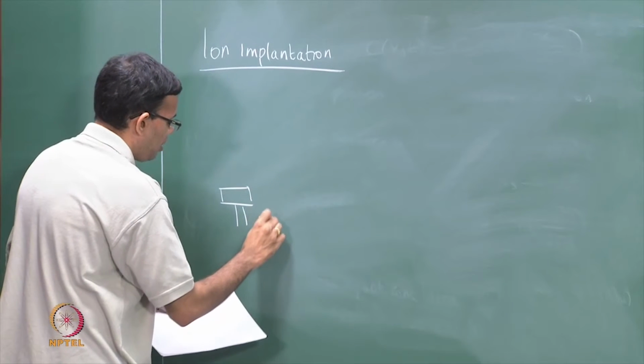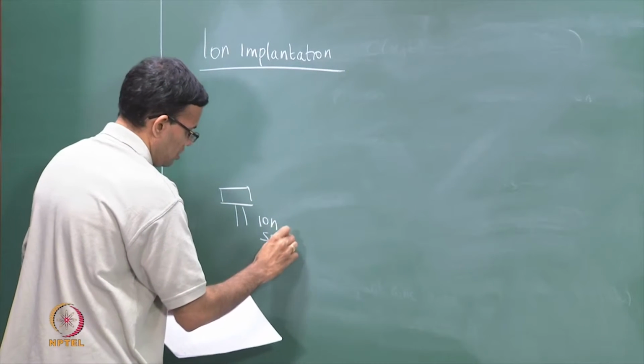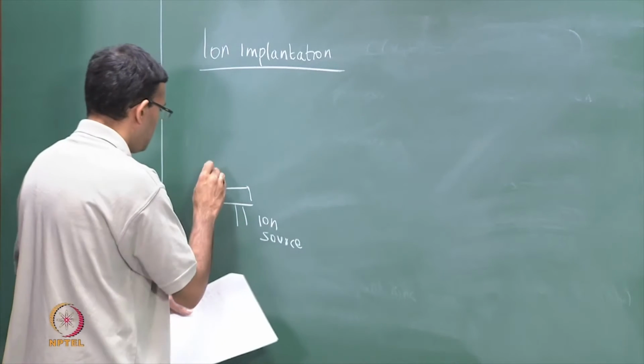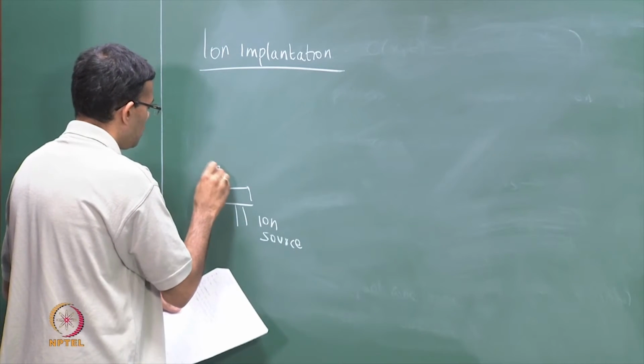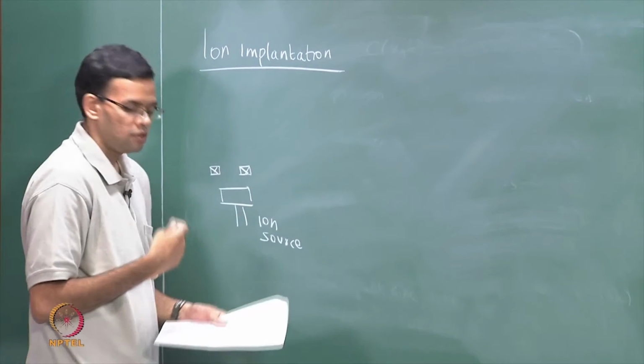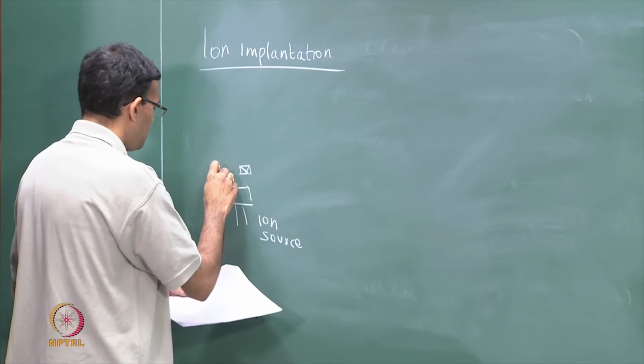Typically, there is an ion source. The ion source is the source of the dopants. Ions are produced by bombarding the dopants with electrons. So, these in turn create ions.